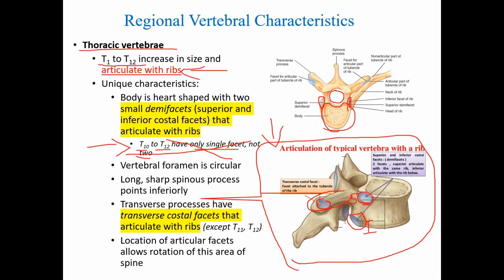Again, the costal refers to the ribs. And guess what? This is a point of articulation with the rib, and we will see when we talk about ribs here at the end of today which portion of the rib articulates respectively with the transverse costal facet and demifacets of the body that we just talked about.